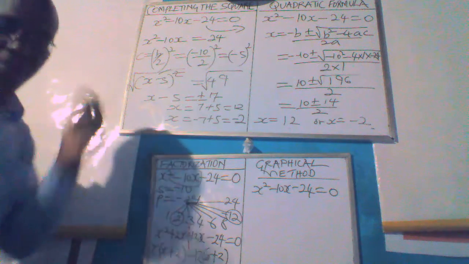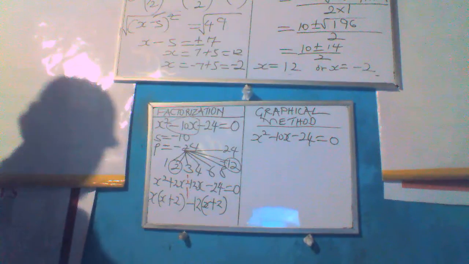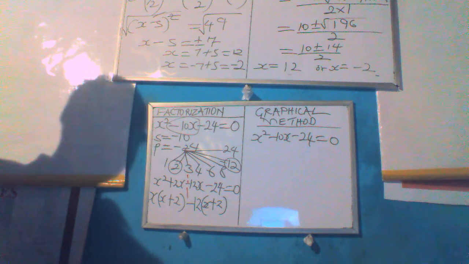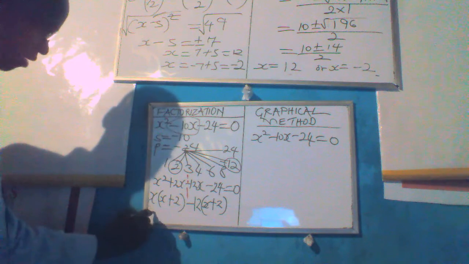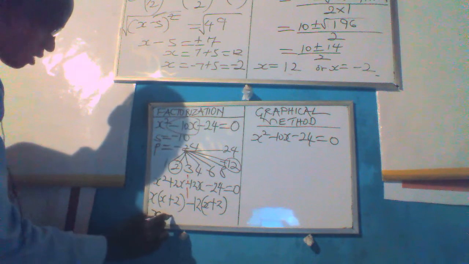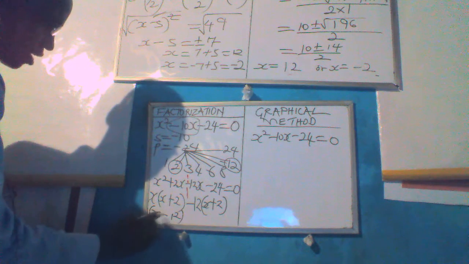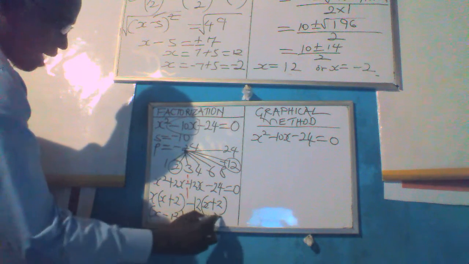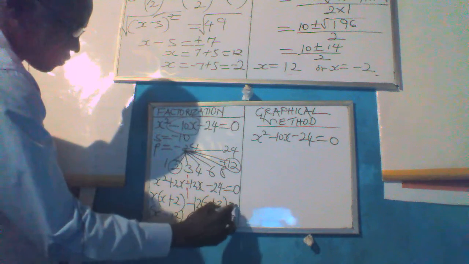The final step on that expression will be to combine what is outside the bracket with what is inside. So what is outside is x minus 12, and what is inside is x plus 2, the product of which is 0.